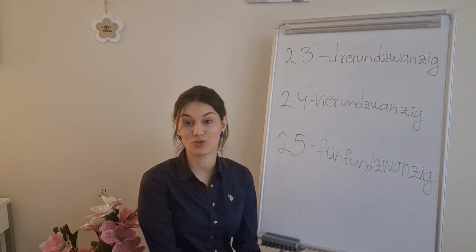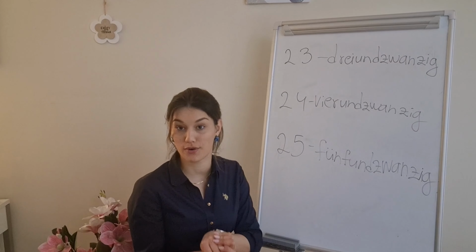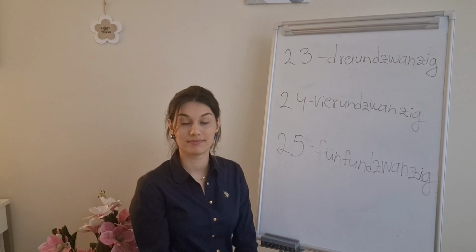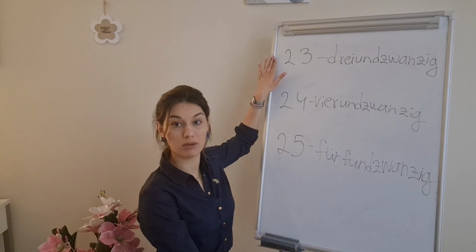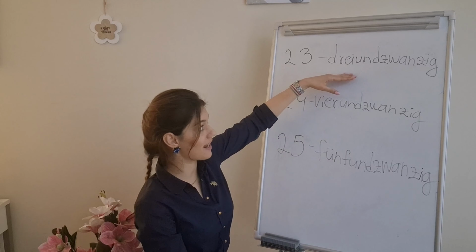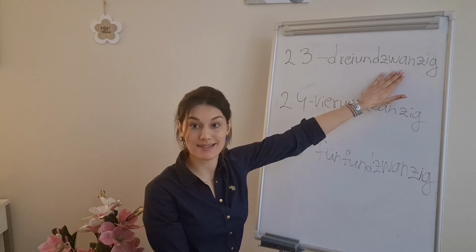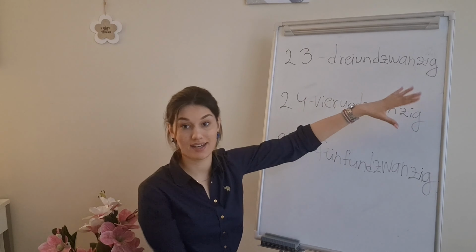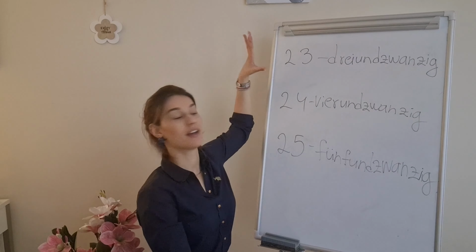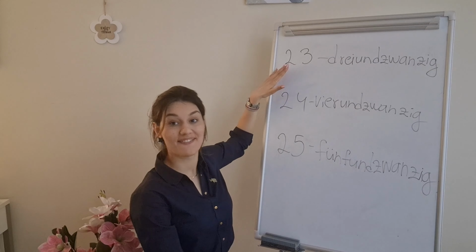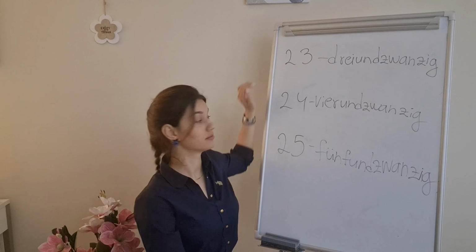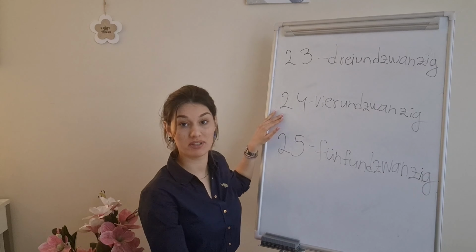I hope you have tried to write those words on your own. And now we're going to check that. So 23 will be read as dreiundzwanzig. So once again, I repeat, it's not dreizwanzig, it's dreiundzwanzig. The next number will be 24.